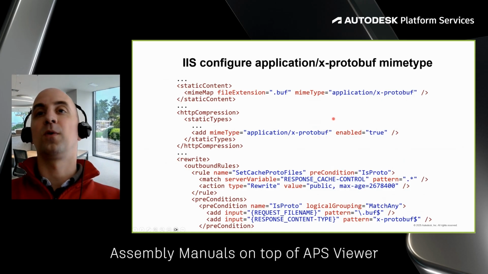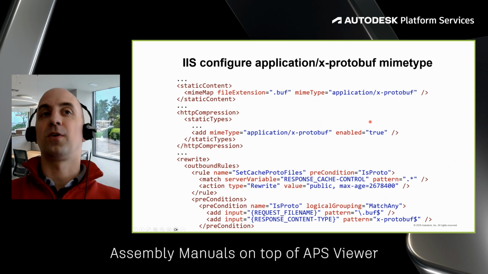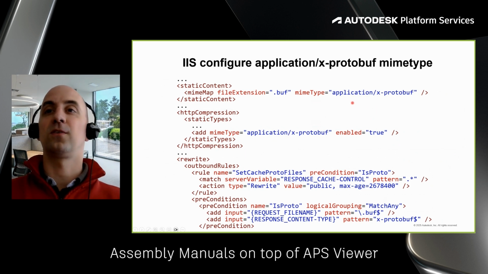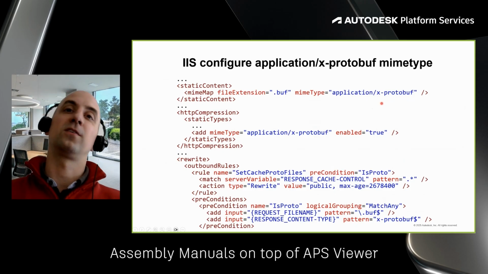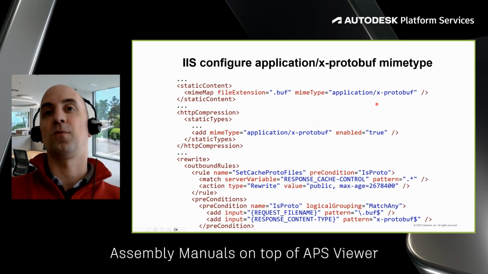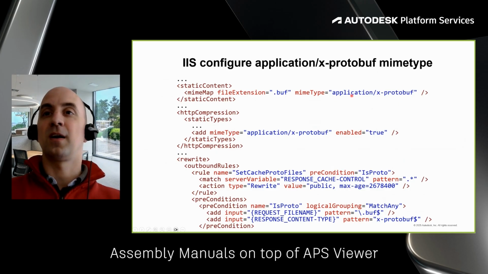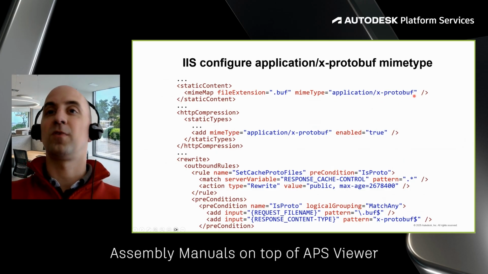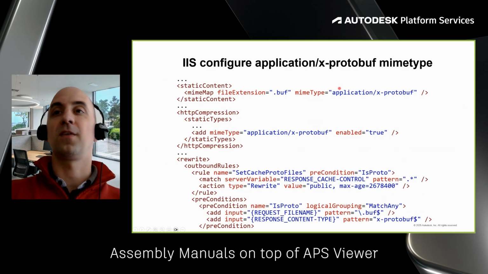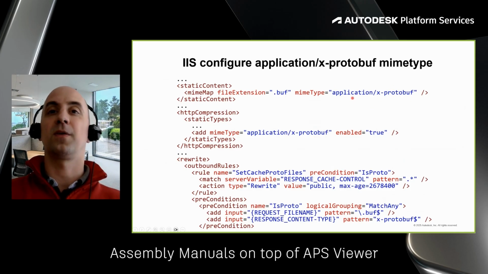And then when we needed to deploy the application to production, we had to use IIS, and there, as IIS is not aware of the BUF file format, we had to define our own MIME type. So this application/x-protobuf MIME type is something I think Cloudflare came up with.